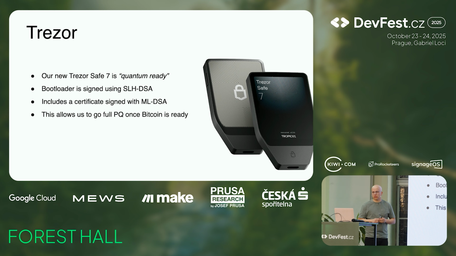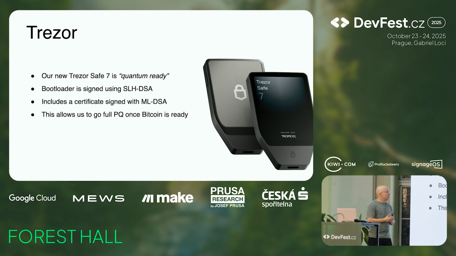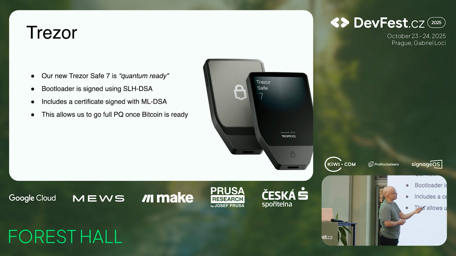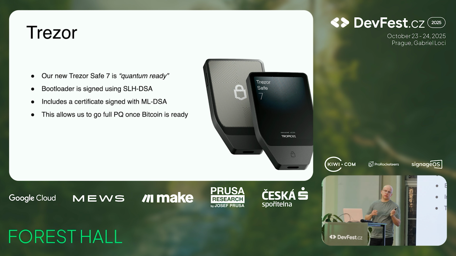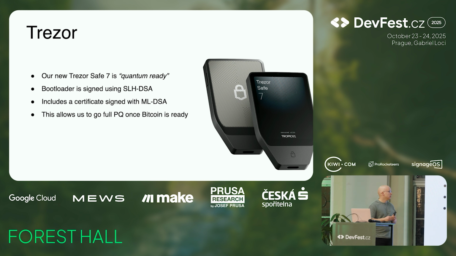So it doesn't really matter that it takes quite some time. The important thing is that the verification is fast. Every time you turn on your Trezor, there's verification of this algorithm, and it is fast. So we're OK. And then there is ML-DSA, which, on the other hand, has different properties, and the size of the signature is smaller.